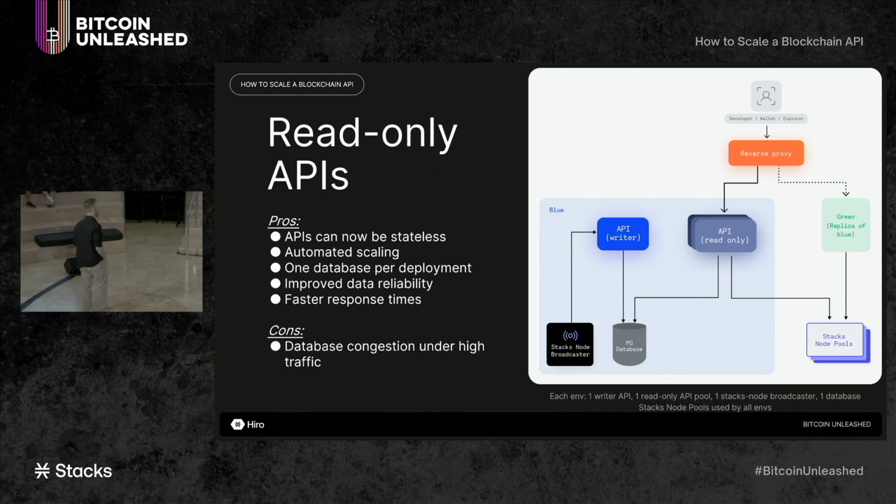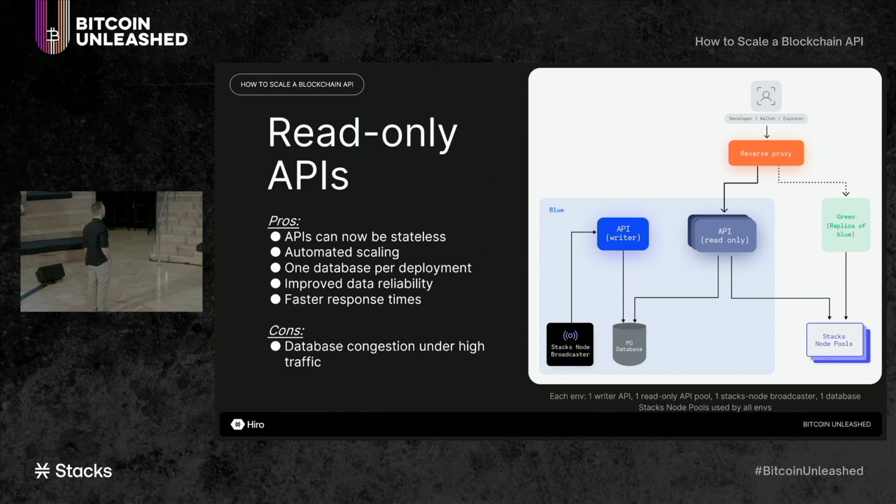This reduced complexity because now you're able to get back to just one database per deployment since they're all reading from the same database. And of course, transitively, you would get better data reliability because one database would mean on each refresh, you're getting the same data every time. And also, because you're now able to scale in response to traffic, you would have much faster response times.